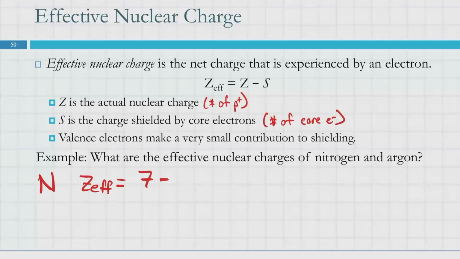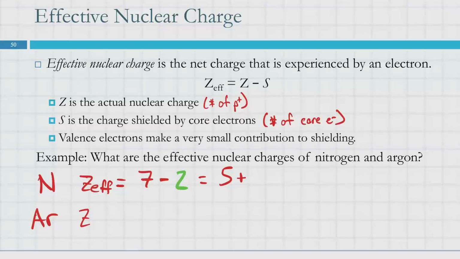And it has core electrons equivalent to the same number of electrons as the previous noble gas, in this case neon. So 7 minus 2, its effective nuclear charge is 5. So all of the valence electrons are experiencing effectively a 5+ nuclear charge.